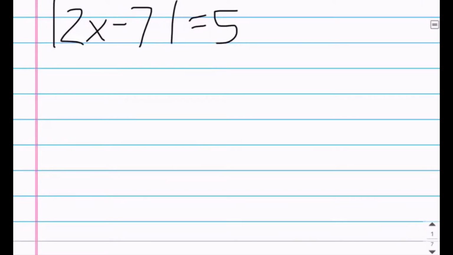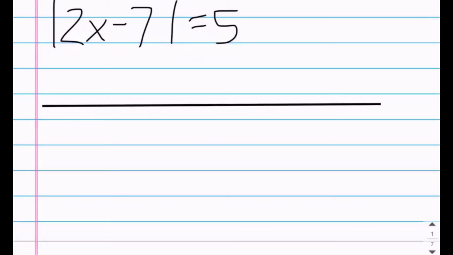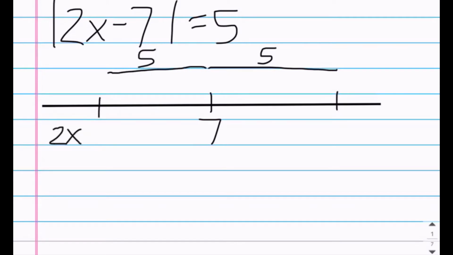Now on this one, let's try solving it as normal. Really no need to change anything in this situation. Let's put 7, our number, right back in the middle of the number line. We have 5, which is our distance. Let's go 5 to the right and 5 to the left. And rather than putting x, let's just put 2x and 2x.